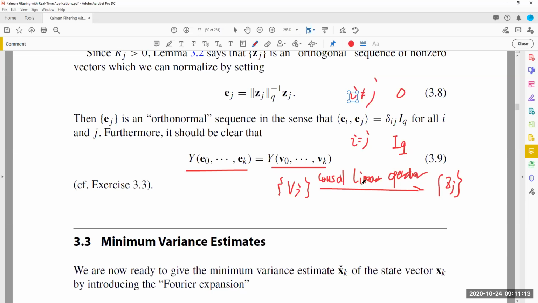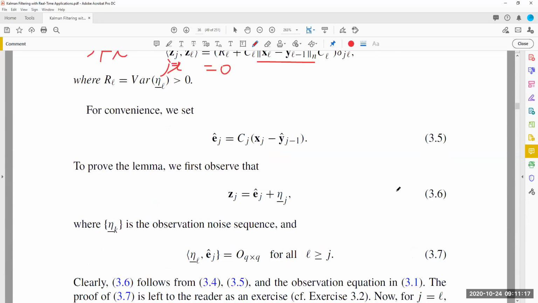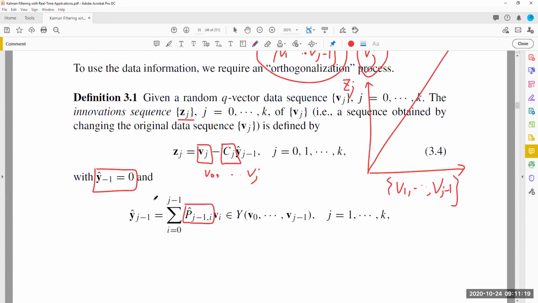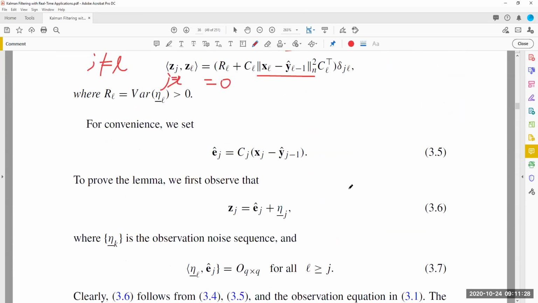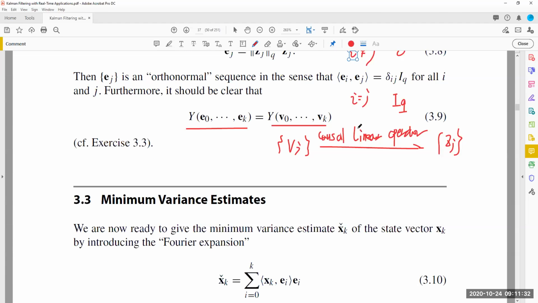This is a linear operator because y hat minus 1 is 0. If y hat minus 1 is not 0, it's not a linear operator. It is an affine operator.